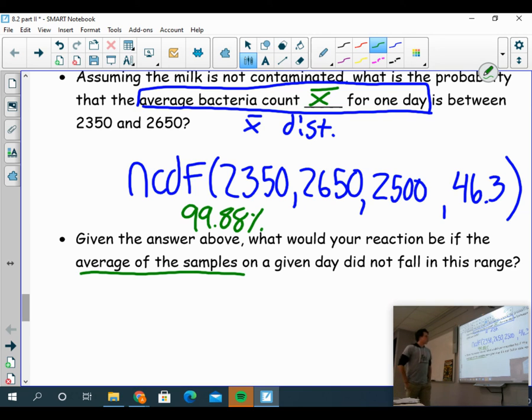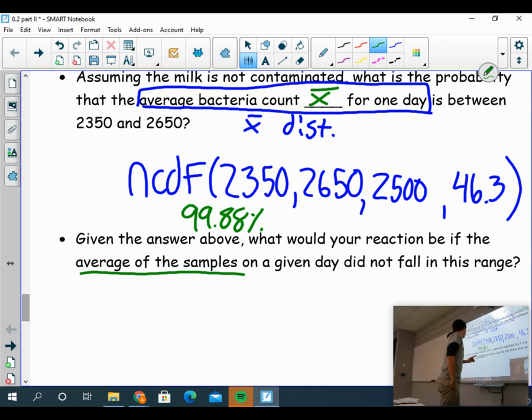We just discovered that there's a 99.88% chance that if we take an average of the 42 samples in a day, that average falls between 2350 and 2650.